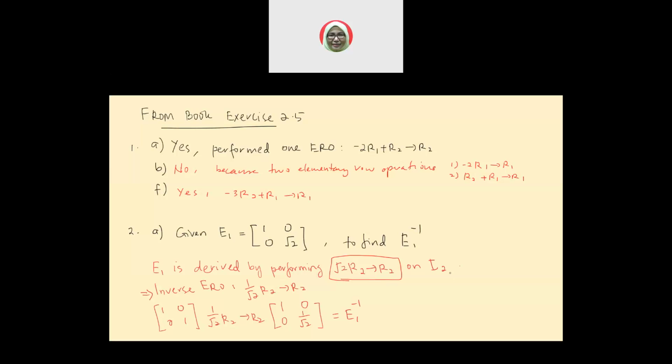Therefore the inverse row operation uses the reciprocal of negative 2, which is 1 over negative 2, multiplied with R2 changes in R2. Then you apply this inverse row operation on the identity matrix to get E1 inverse.